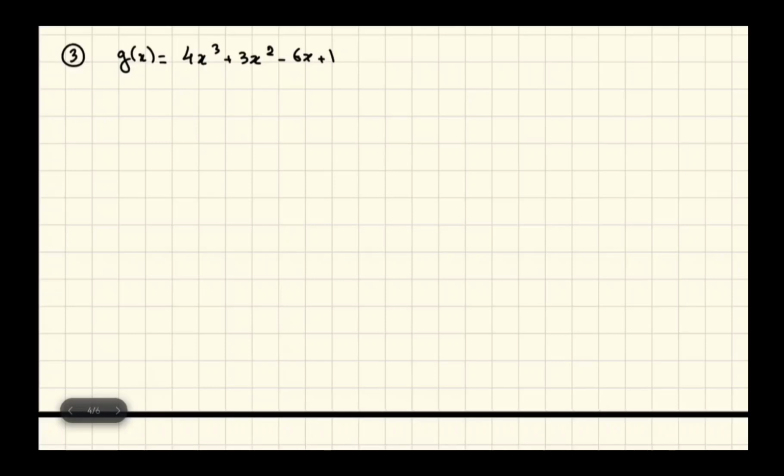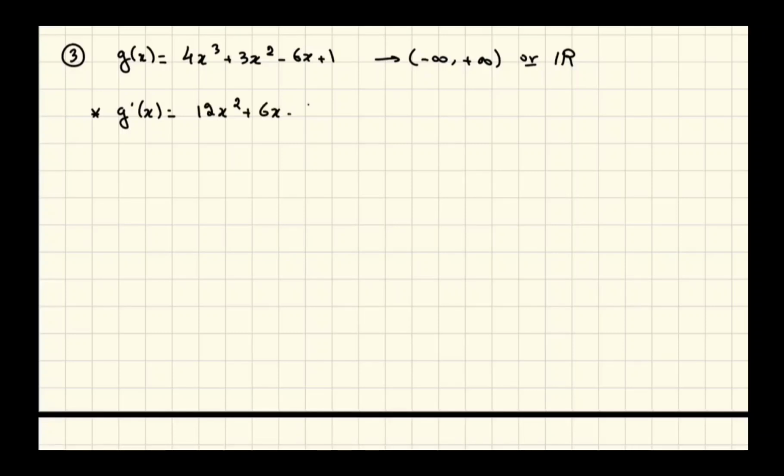We can see it's a polynomial, so it's defined from negative infinity to plus infinity, or we say R, or real values, because there is no restriction on x. We do the derivative, we get 12x squared plus 6x minus 6. Then g prime of x equals 0. It means 12x squared plus 6x minus 6 equals 0.